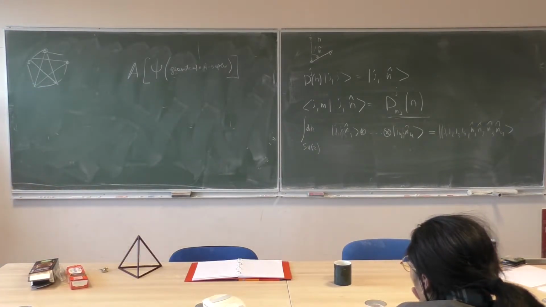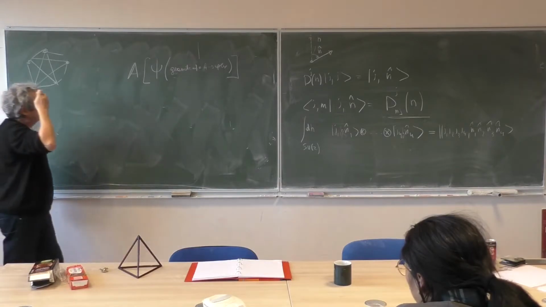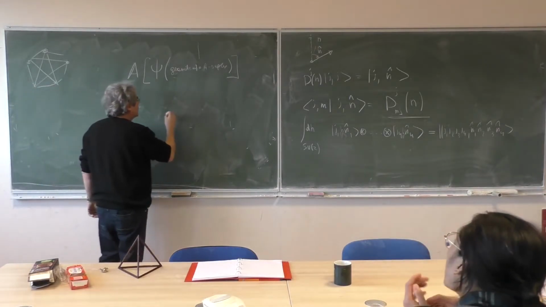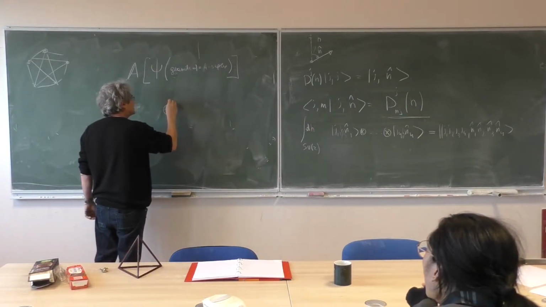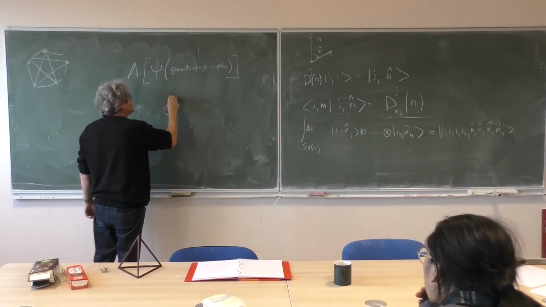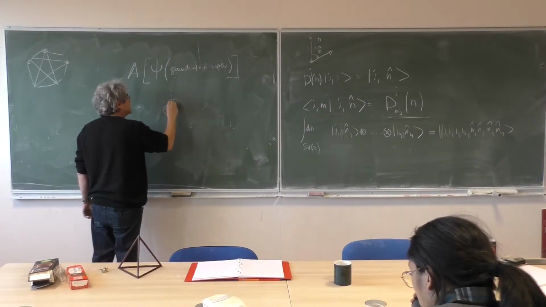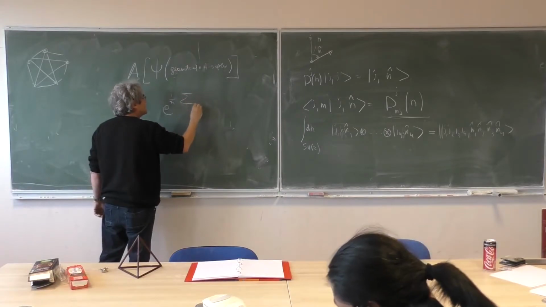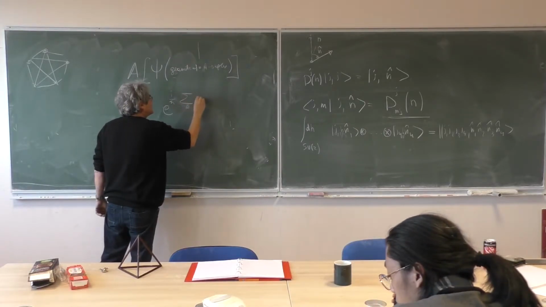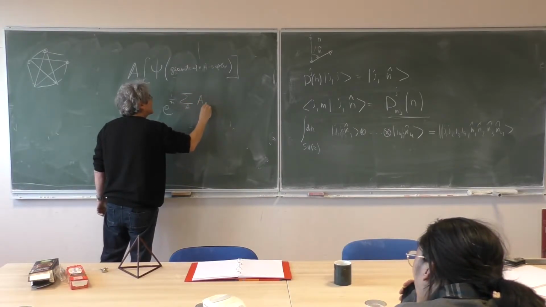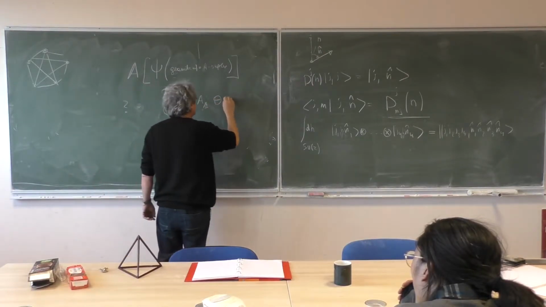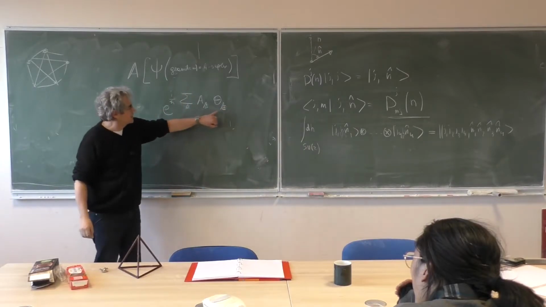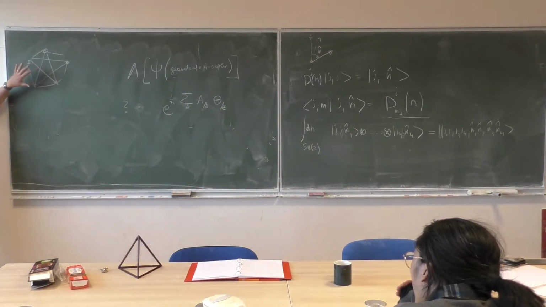Okay? And the question is, does it have anything to do with the Regge amplitude, which is e^{iS}, where S is the sum over the triangles of the area of the triangle times theta, where the areas of the triangles are the areas of the triangles of this geometry I started from.